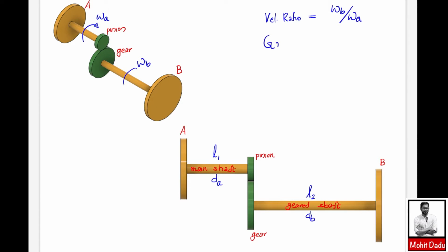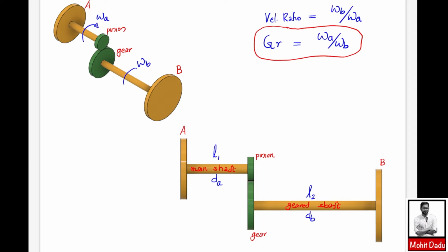I will call that gear ratio GR, which is equal to omega A divided by omega B. You will require this expression in further discussion of this geared system. So gear ratio GR is equal to omega A divided by omega B, where omega A and omega B are the angular velocities of the main shaft and geared shaft.